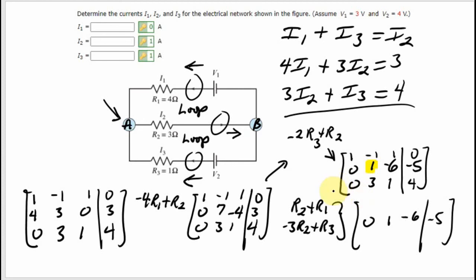I'm just adding row 2 to row 1, so this is 1, 0, negative 5, negative 5. Here's a 0, 0. Here we get 18 and 1, we get 19. And then negative 3 times negative 5 is 15 plus 4, we get 19.